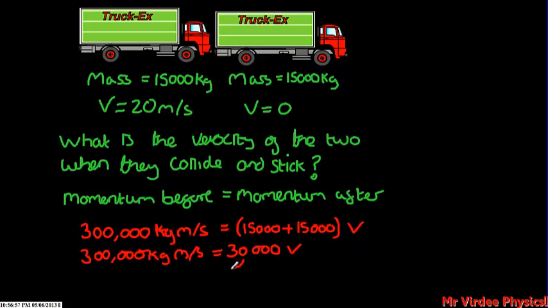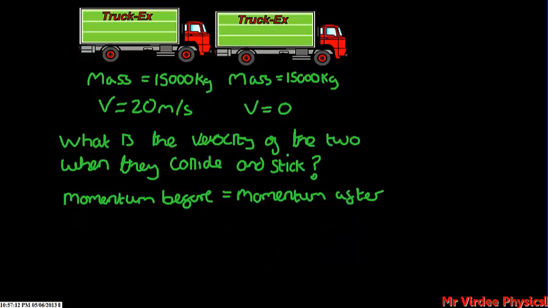When I move this over here, we simply divide. So 300,000 divided by the 30,000 is going to give me my velocity.